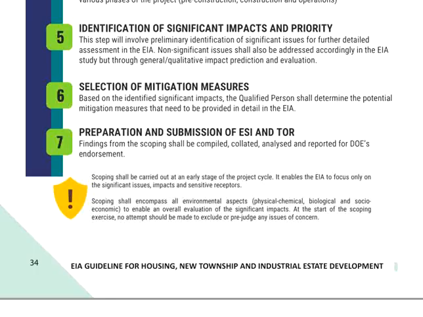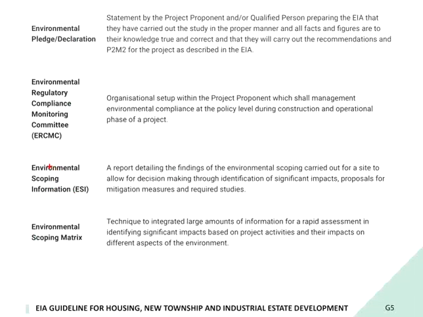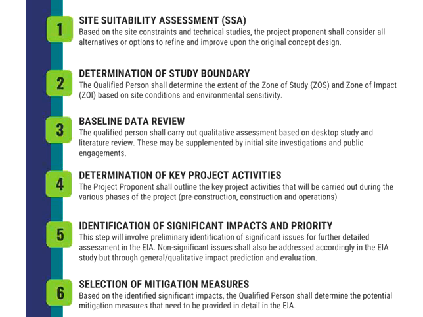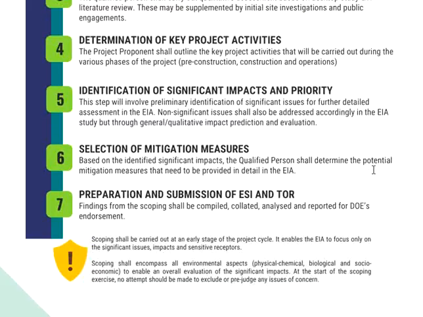The outcome of this scoping will be the environmental scoping information, representing the preliminary version of the EIA, except not detailed enough or supported with solid evidence and data. Because the purpose of having this ESI is to come up with the terms of reference, establishing the methodology, scope, and the directions of the EIA.